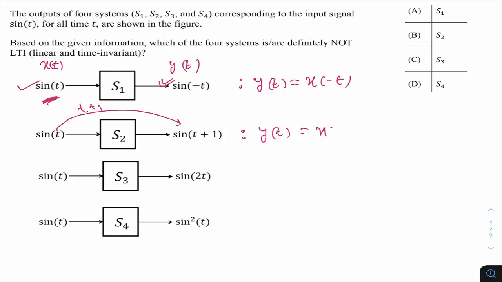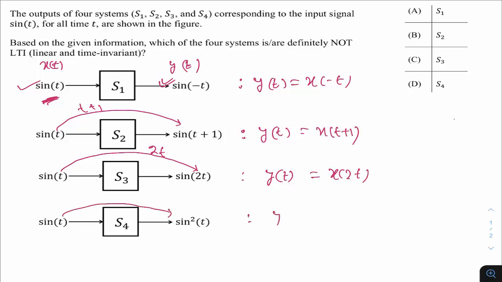So y of t is equal to x of t plus 1. In the third case, again the same logic, t is replaced by 2t. So the equation is y of t equals x of 2t. In the fourth case, sin t is the input and the output is sin square t. So I can tell y of t is equal to x square of t.